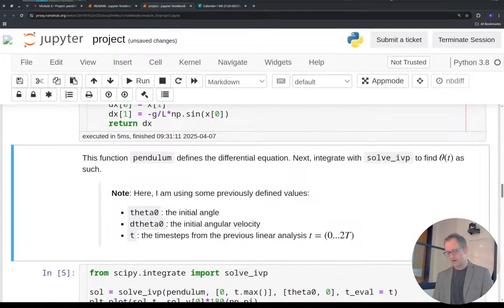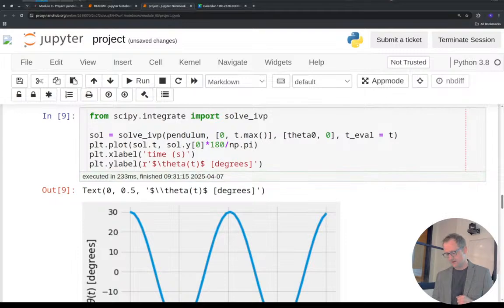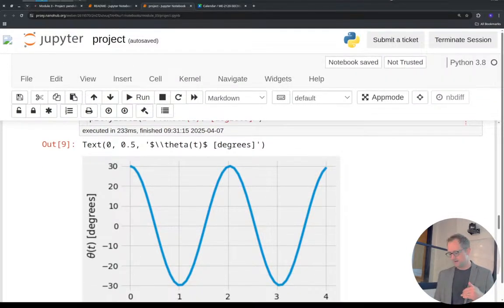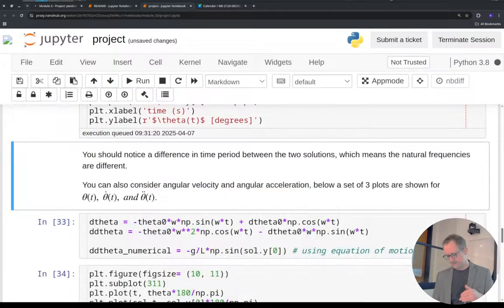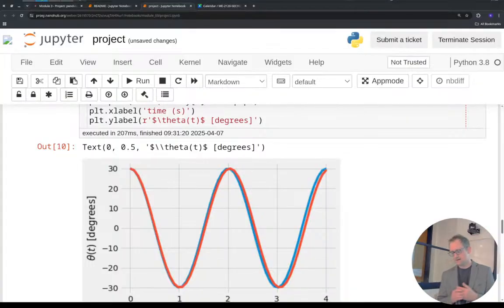I'm not changing anything, I'm just running it again. So now it goes 30 to negative 30. Now we have blue and red, still linear and nonlinear. What do we think so far? Pretty good? Feels good, right?